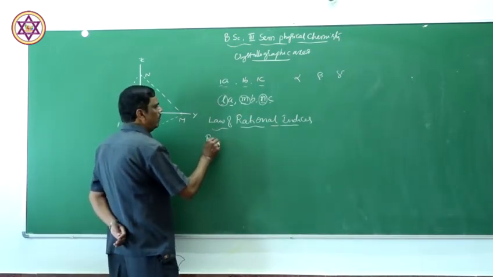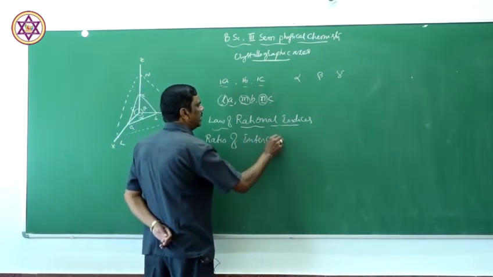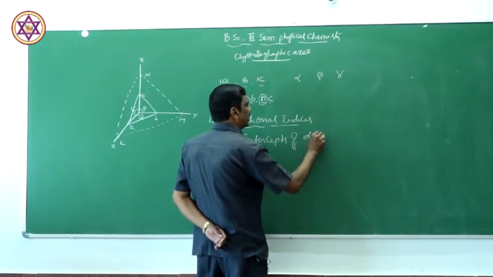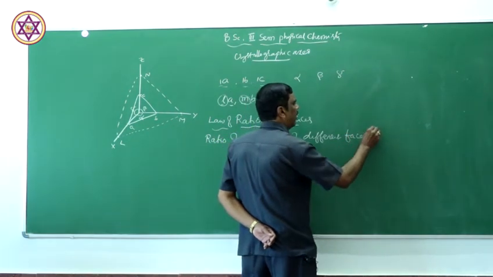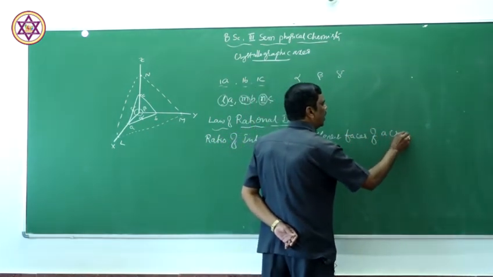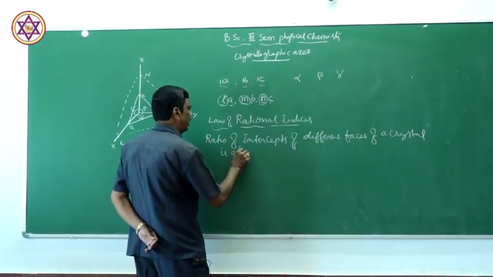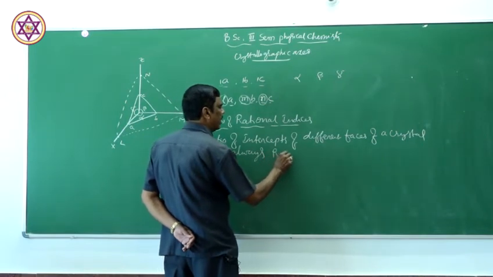The ratio of the intercepts of different faces of a crystal is always represented by a rational number, always rational.